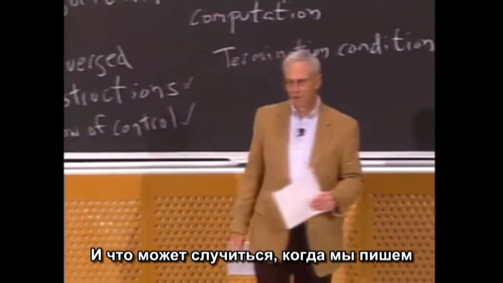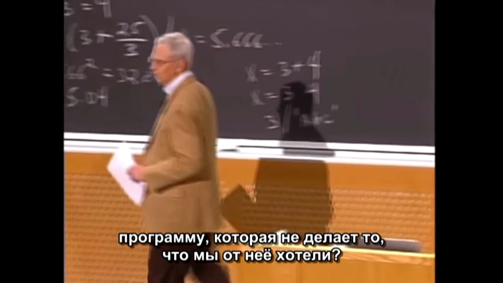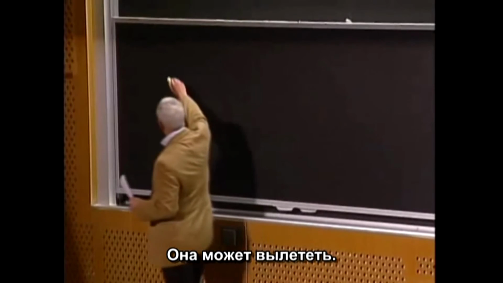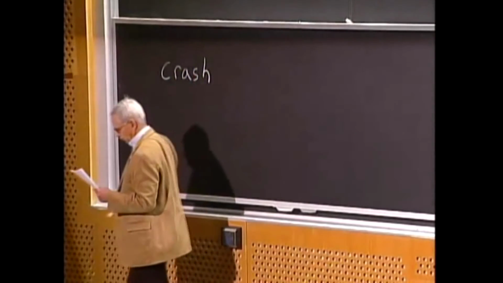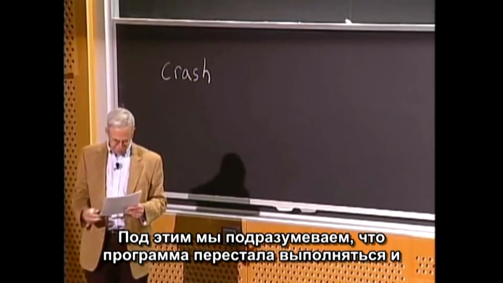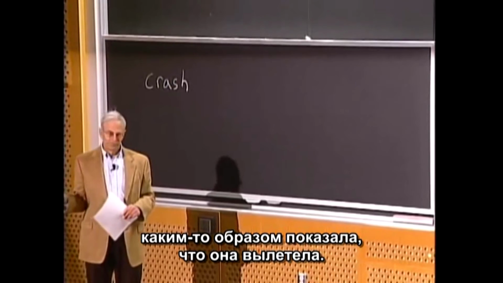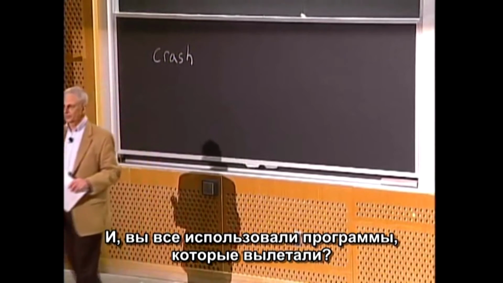So what might happen when we write a program that doesn't do what we want it to do? It might crash. By that we mean stop running and produce some palpable indication that it has done so. So you've all used programs that have crashed, right?